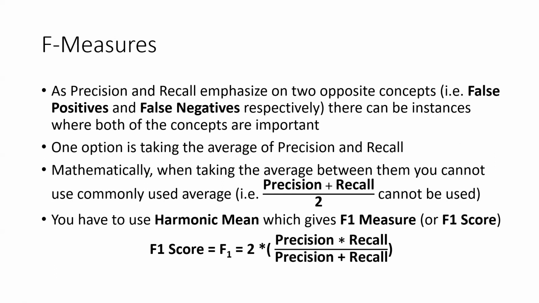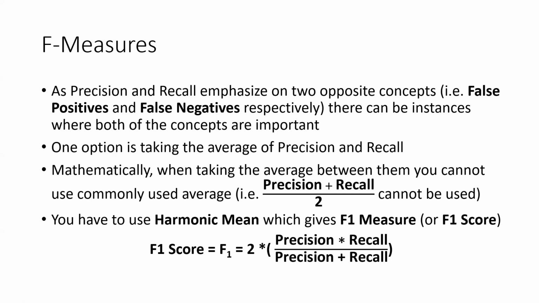Suppose we want to have both precision and recall. In some scenarios, we should have both precision and recall in certain proportions, right? For example, some may want to have equal weight for precision and recall, right?